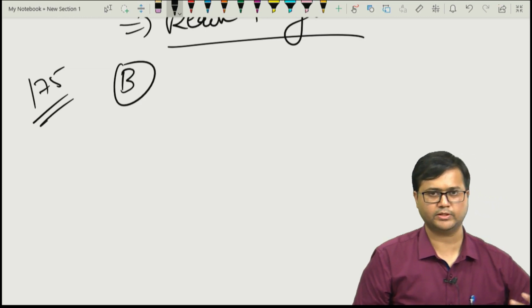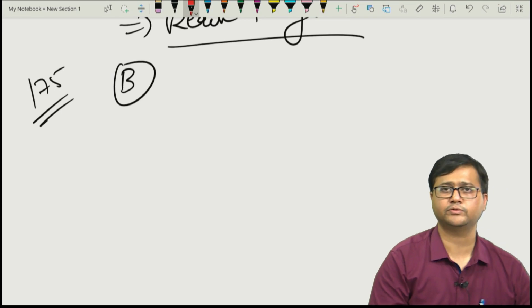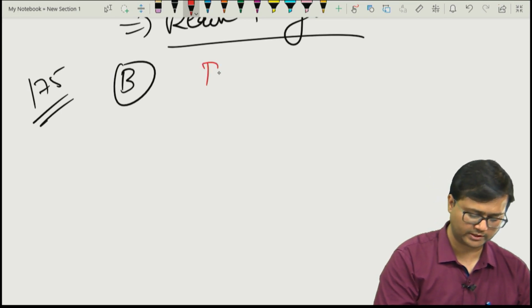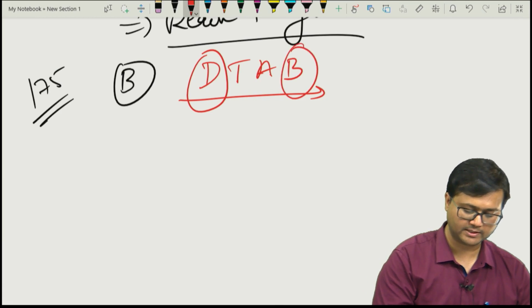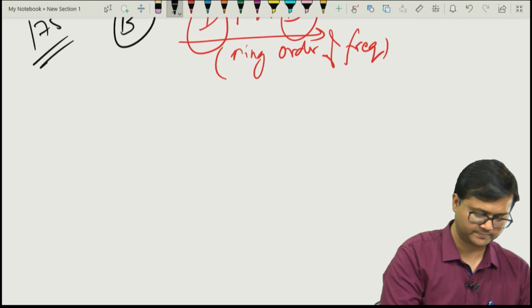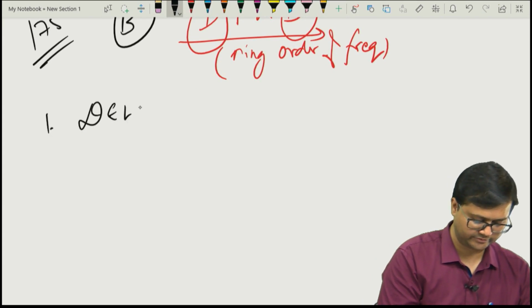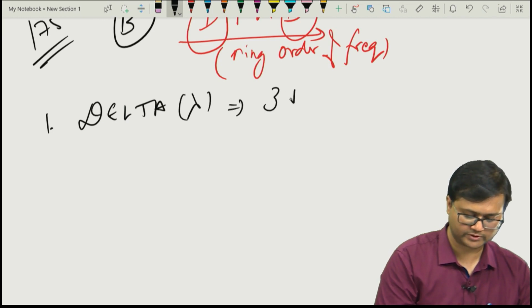Now when we discuss the waves, you can remember them in the order of frequency with the mnemonic D TAB. D, that is delta, has the least frequency, and beta the highest frequency. So it is the increasing order of frequency. The first is the delta wave. These generally have a frequency of 3 hertz or below.